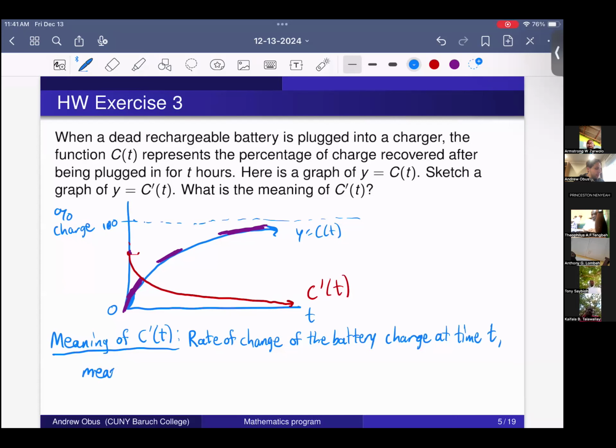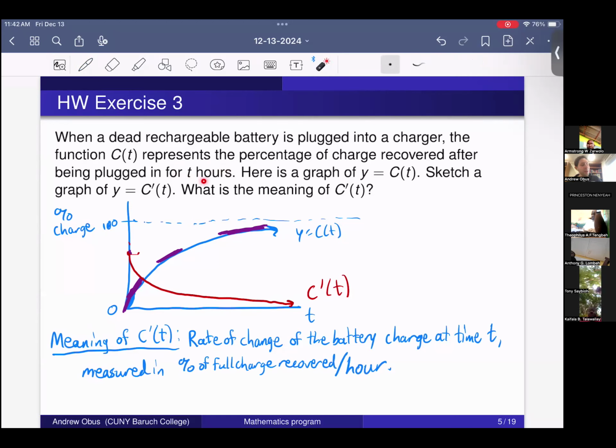This is measured in percentage of full charge recovered per hour, because here t is measured in hours, and our y-axis is the percentage of the full charge. So if C prime of t is equal to 50, that means that we're recovering 50% of the full charge per hour.